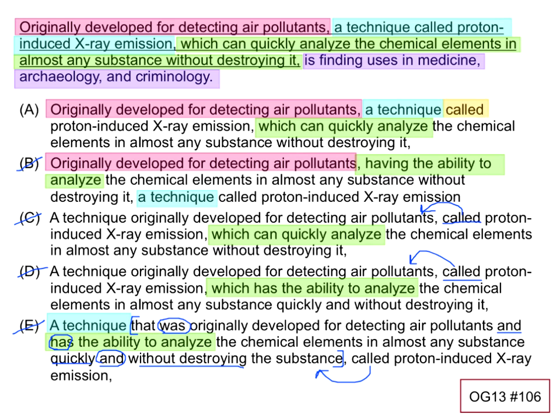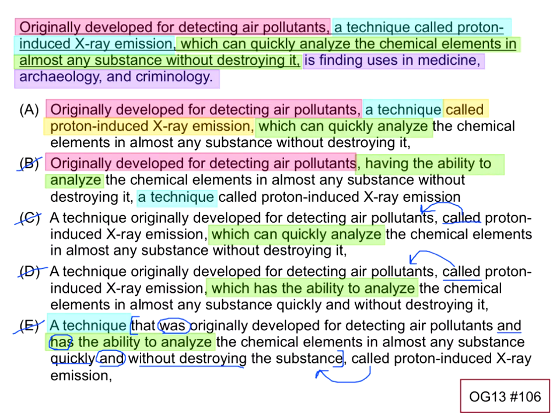This sentence, bizarrely enough, contains three modifiers that are all trying to refer to the same noun. Originally developed refers to technique. Called proton-induced refers to technique. Which can quickly analyze refers to technique. Three different modifiers.